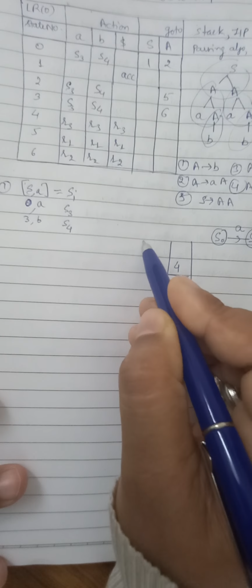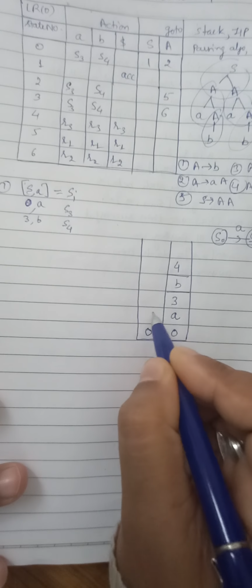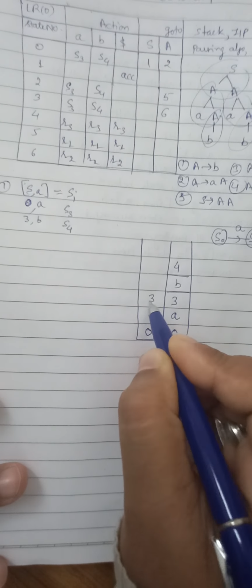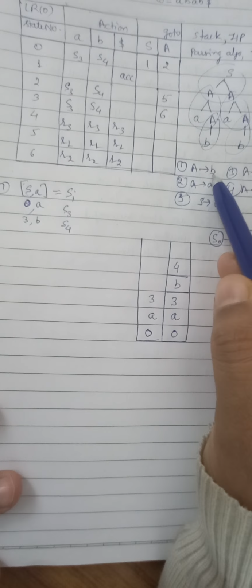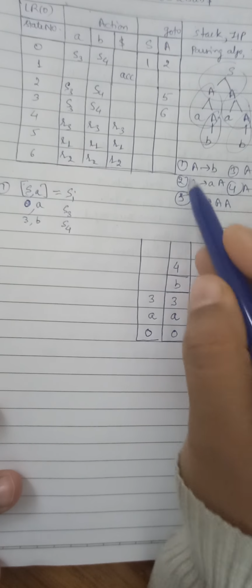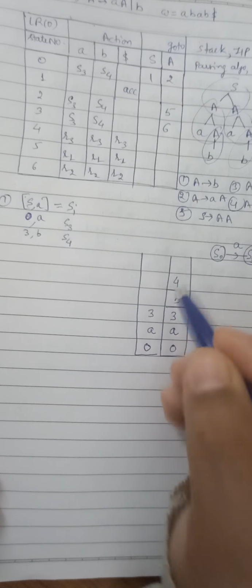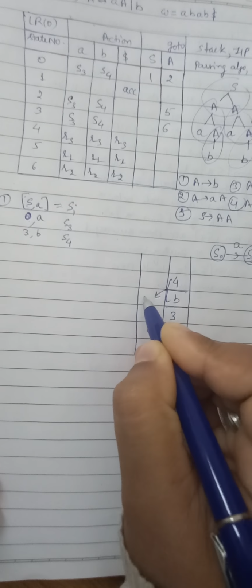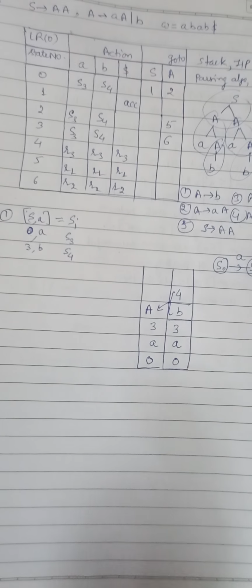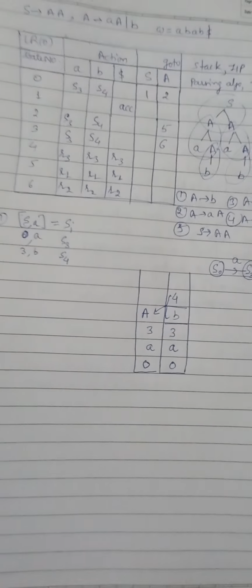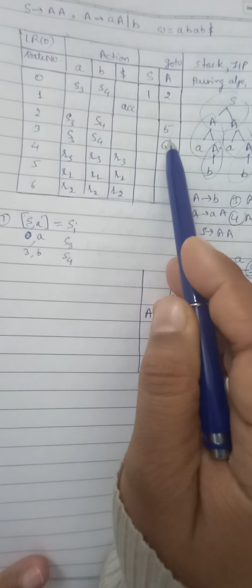Now again we are taking another stack in which state 0 will remain the same, A will remain the same. Now we have B, and from here we can see it can go towards A because A tends to B, so we can convert it into capital A. So from here we can simply say from the third state, S3 to S4, where we are going towards 6.